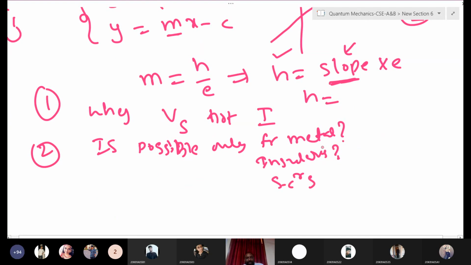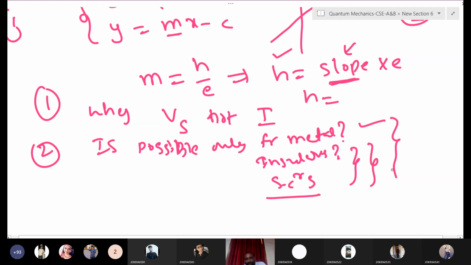So first one is, why is the stopping potential not depending on the intensity of incident radiation, and second one is, is the photoelectric effect possible for insulators and semiconductors? Why only metals? Why not insulators and semiconductors? Or is it possible or not? Just look at it.